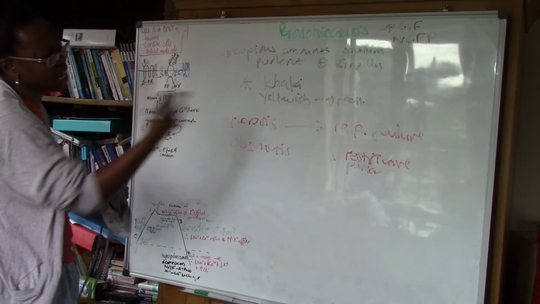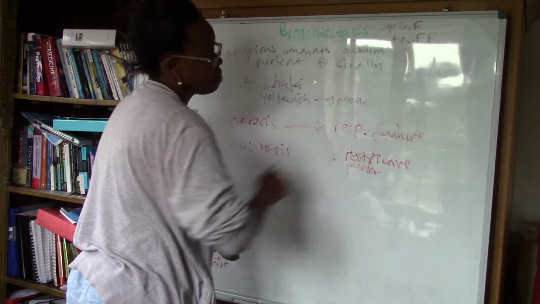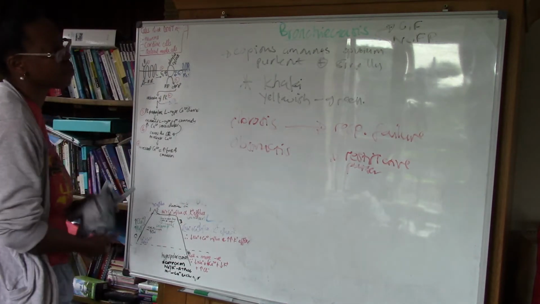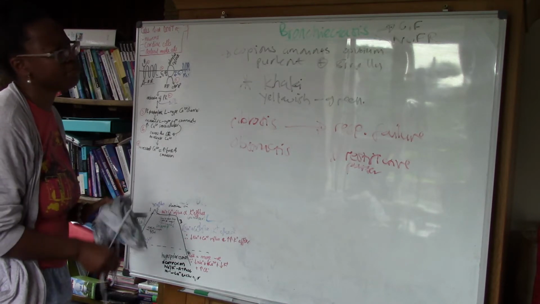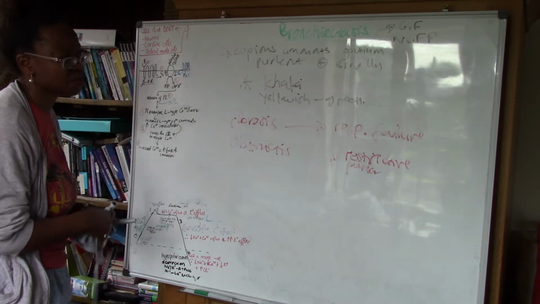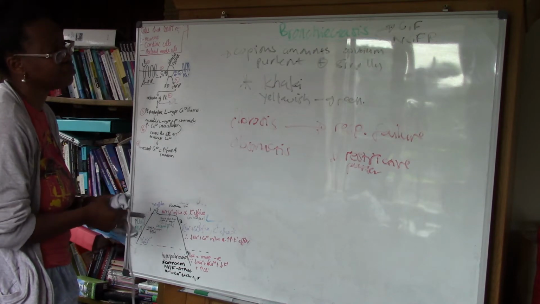So the end stage disease, it's similar to cystic fibrosis. I'm just trying to think if I've missed anything in terms of bronchiectasis, but I don't think I have.